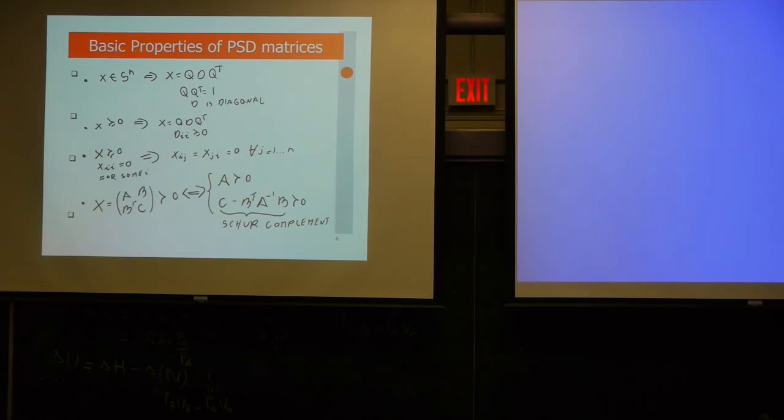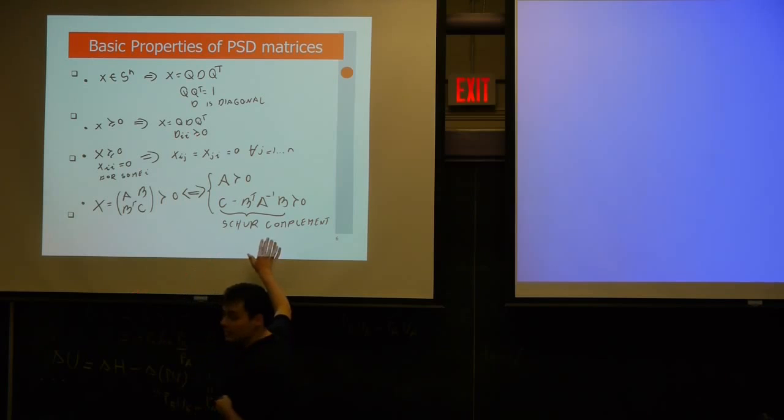We proved a couple of basic properties of PSD matrices. Some important properties are that if we have a PSD matrix, then we can decompose this as QDQ transpose, where Q is orthonormal, D is diagonal, and each entry is non-negative.